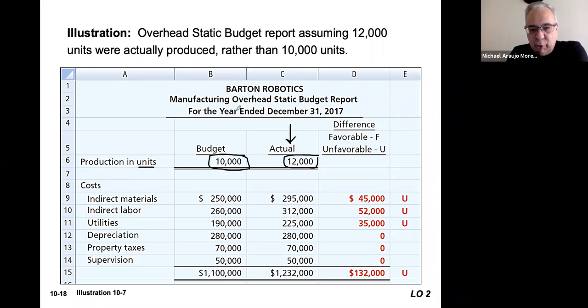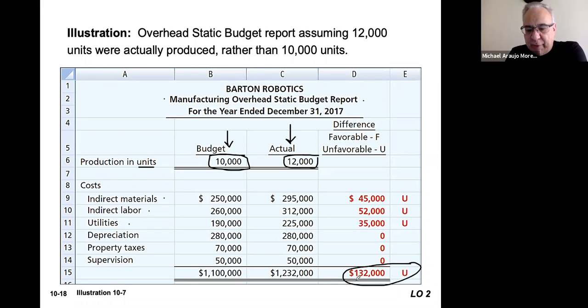So if you use this type of form and you stuck with your budgeted 10,000 units, clearly you have gone over budget in indirect materials, in indirect labor, in utility use. So that clearly creates an unfavorable report.